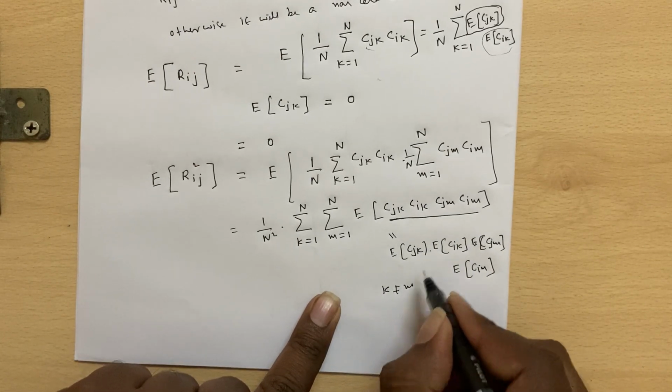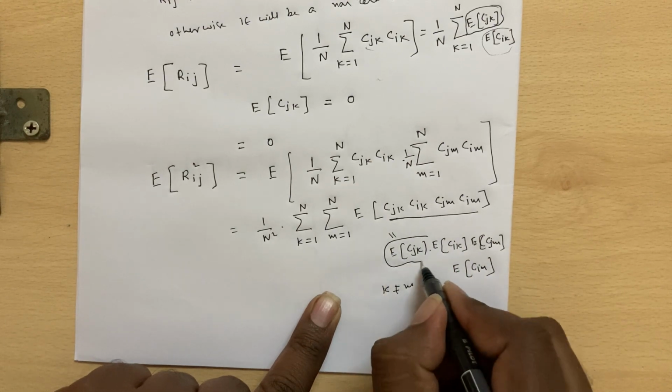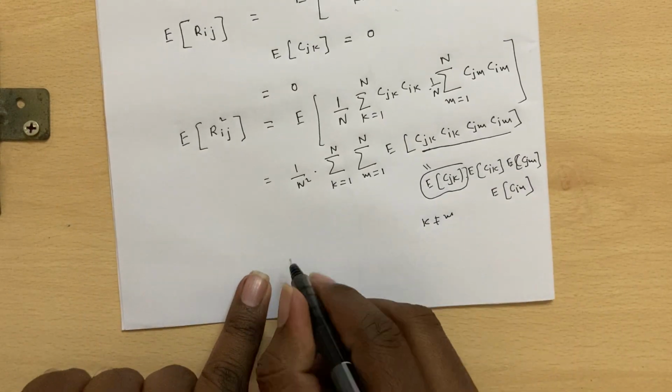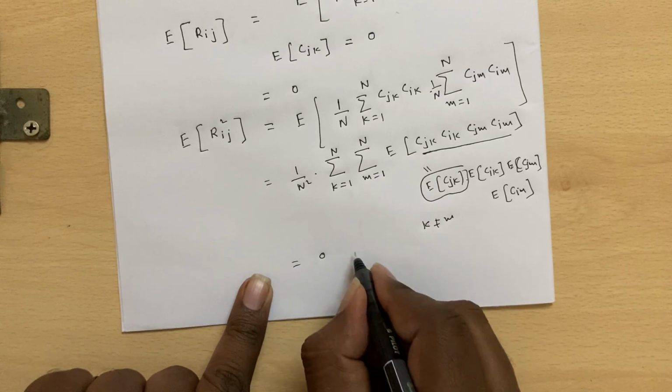We know that the individual average of a chip is 0. So this function will be 0 if k not equal to m.